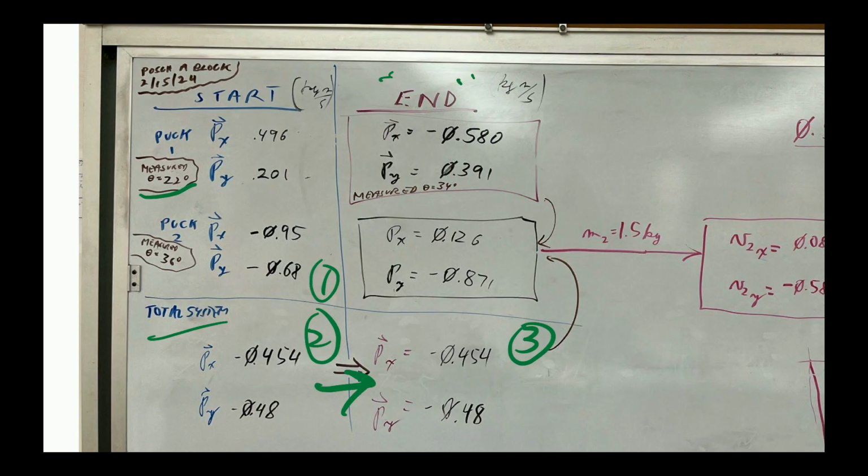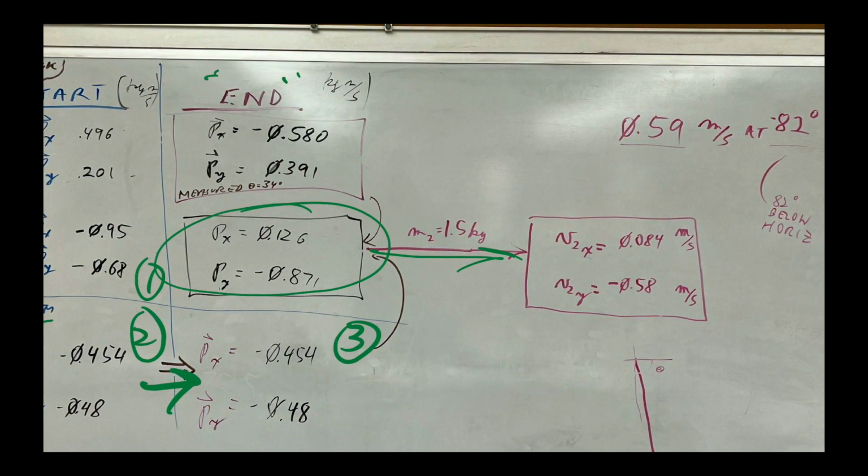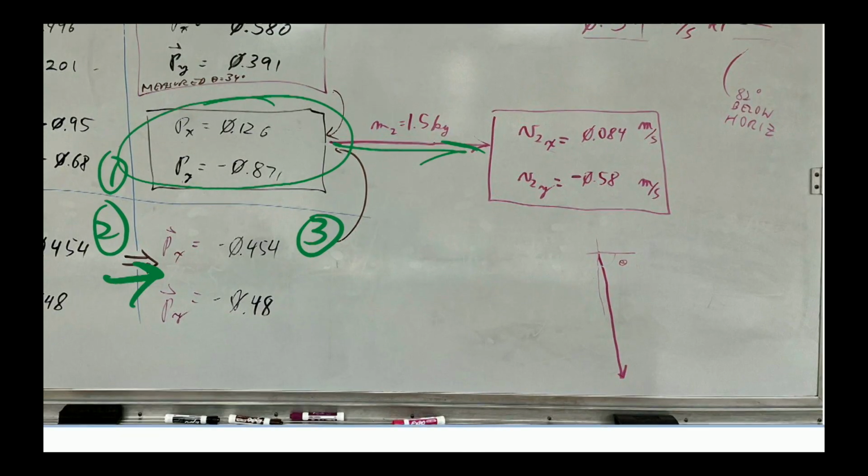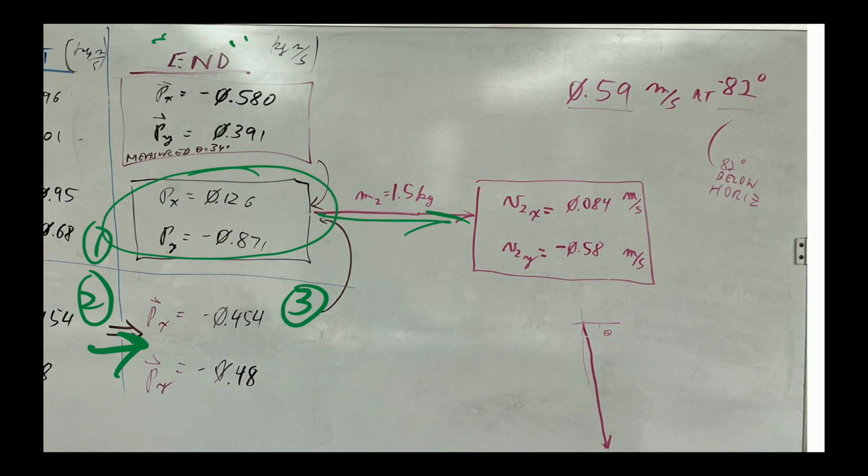So this was the answer we were seeking. We were even fancy enough to convert that back into a magnitude and a direction. We had it both in terms of a magnitude and direction and in terms of its components. It looks like it was 0.59 meters per second at minus 82 degrees, which means 82 degrees below the horizontal.